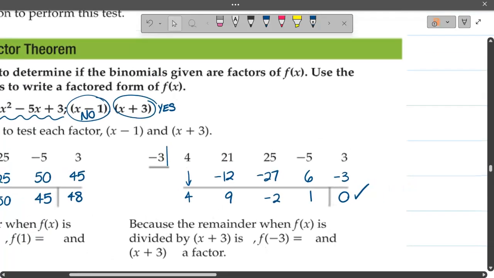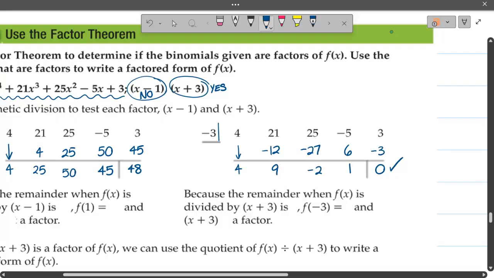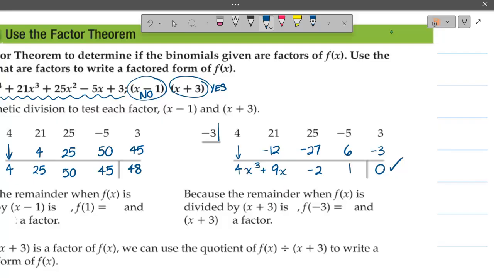Now let's take a look at what we have left. Now we have 4x to the third plus 9x squared minus 2x plus 1.